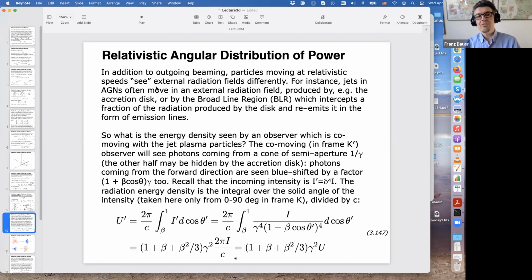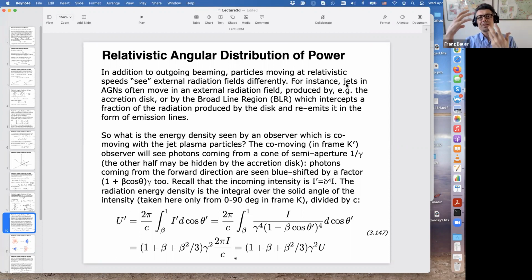A very useful case is, imagine you're sitting on a jet of an AGN. So you have blobs of material that have been accelerated up to fractions of the speed of light. This blob is moving out from the black hole and the accretion disk, and there's an entire radiation field which it's moving into.